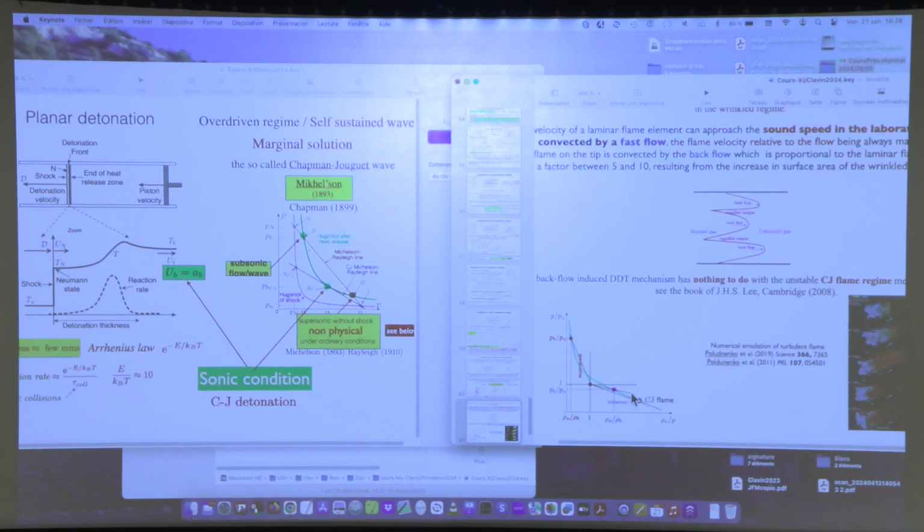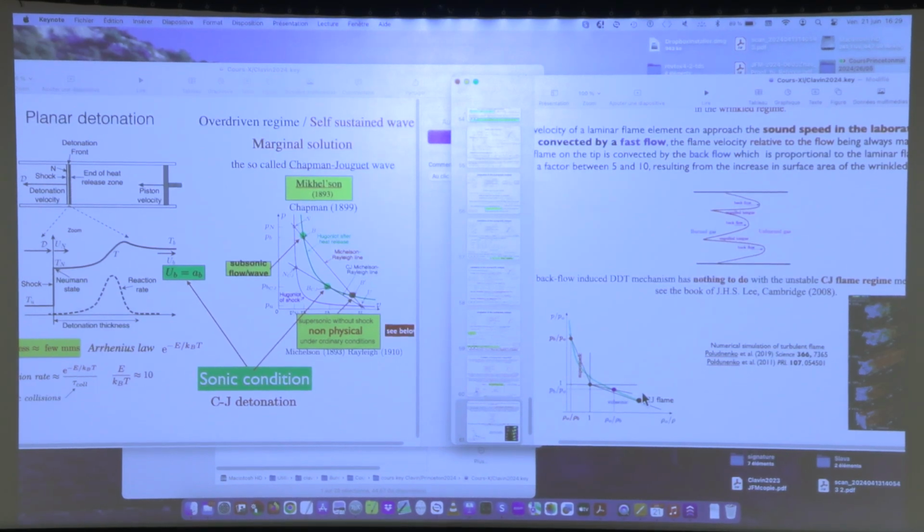And this slope is smaller, so the flame velocity is much smaller, and you have a critical flame velocity, which has no meaning at all for a laminar flame, because a laminar flame never has such a large jump of pressure, because a laminar flame is quasi-horizontal here. This is why this picture has no meaning for a planar laminar flame.